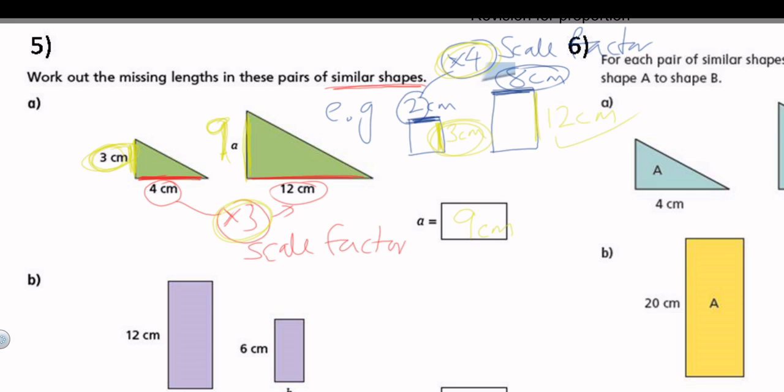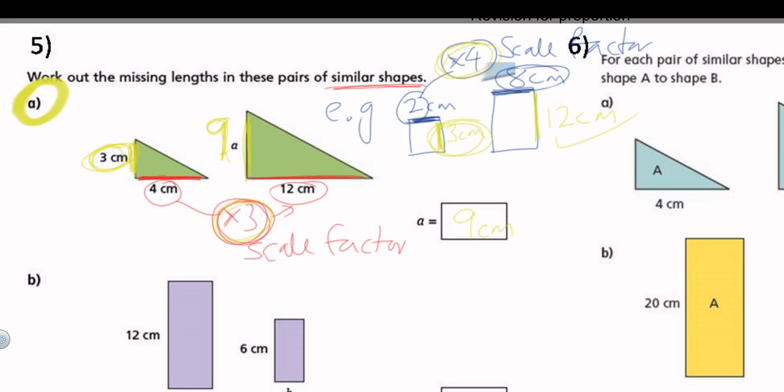Now, how can we work out the scale factor? Well, I've shown you one way of getting the scale factor. If you look back at the original question, question A, how do we work out the scale factor? Well, there's one way I've showed you how to get from 4 to a 12. 4 times 3 gives you 12.